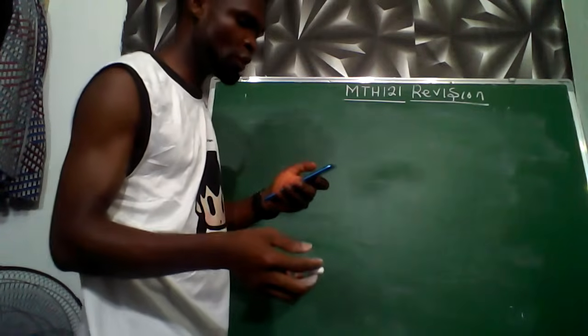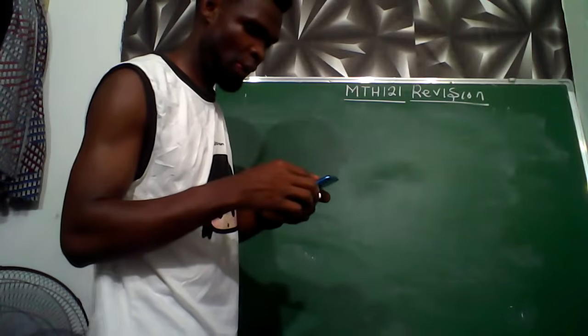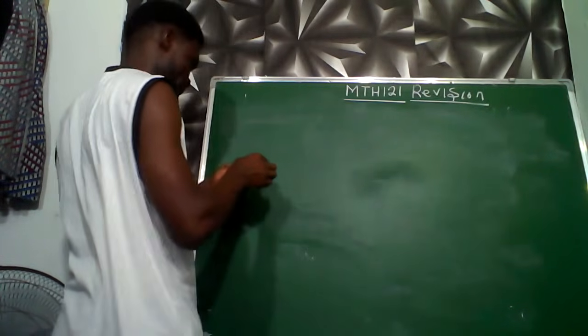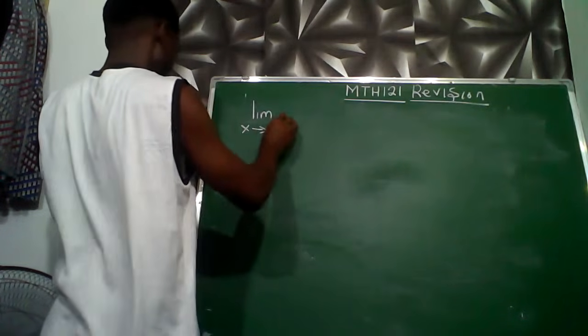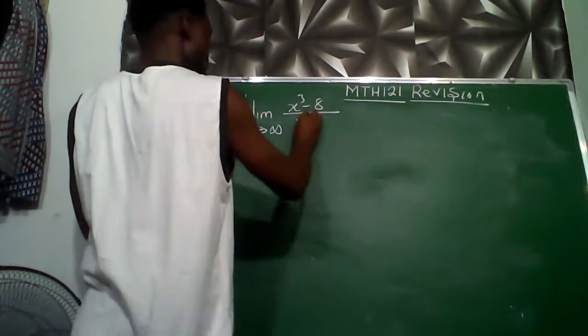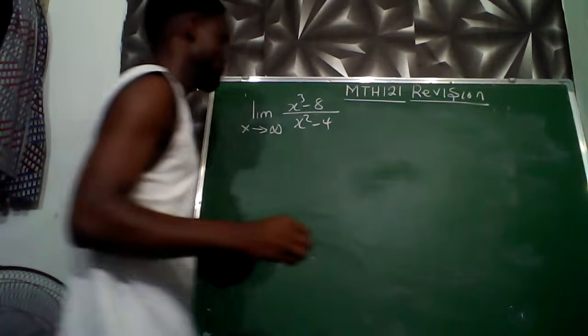So for 2022, 2023, the question says evaluate limits as x tends to infinity of x cubed minus 8 all over x squared minus 4.